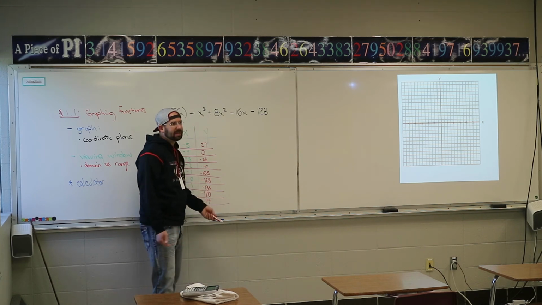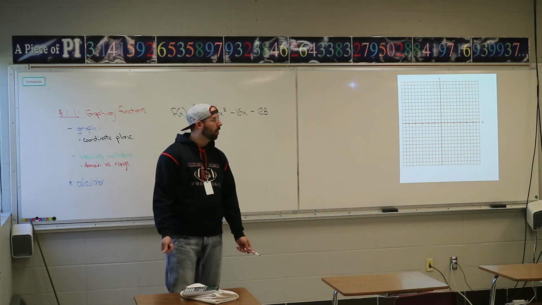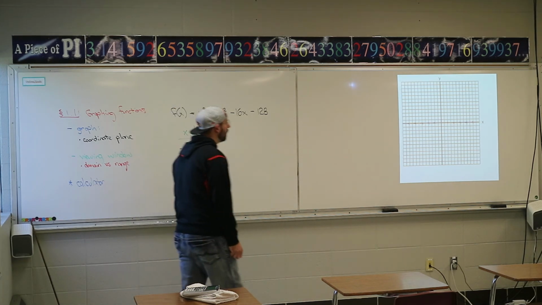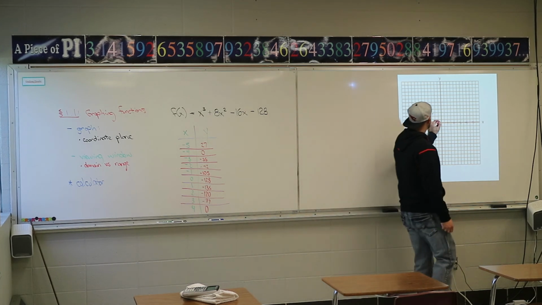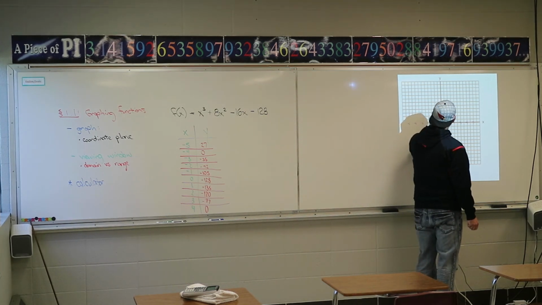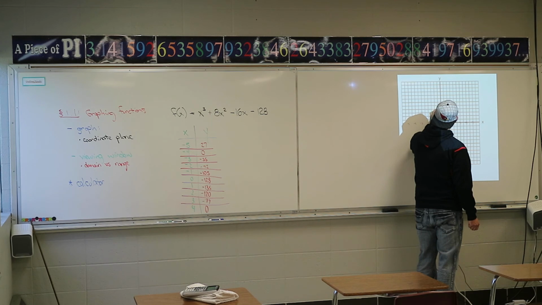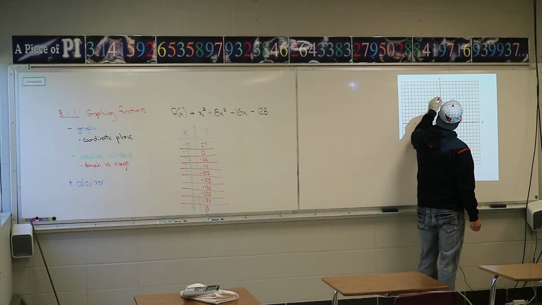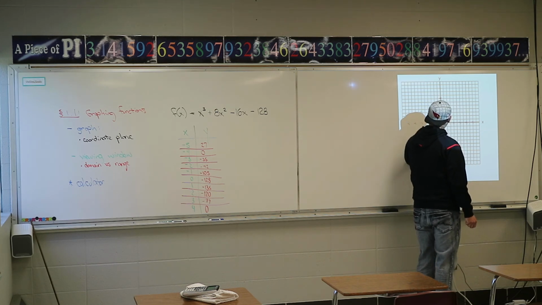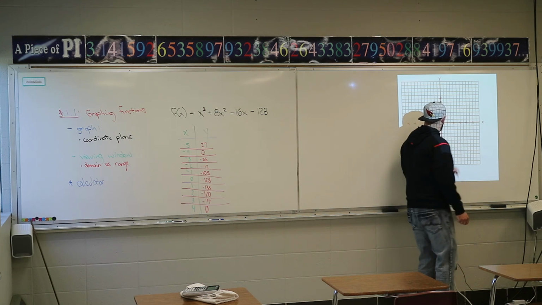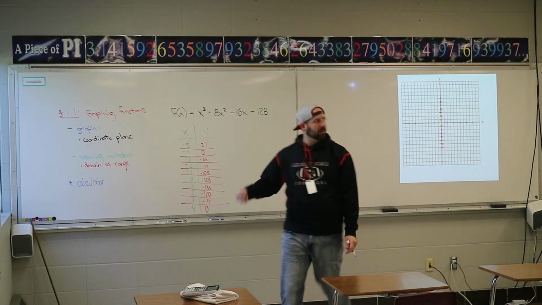Maybe you want to jump by 20s, that's 0, 20, 40, 60, 80, 100, 120, 140. Maybe that will get you in the ballpark so you can see what this graph looks like. Because now you can get a glimpse of what this thing looks like.